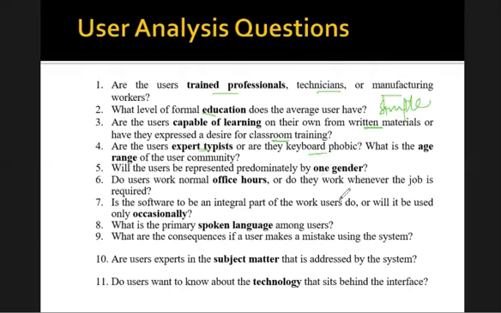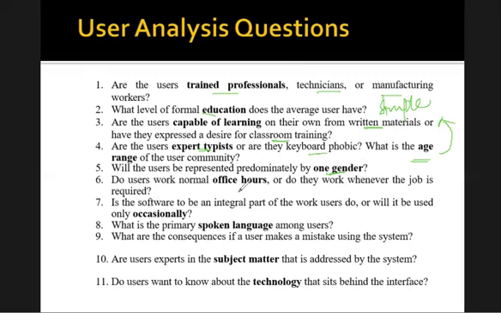That is, whether they can make use of shortcuts or they're just going to go directly and do every step. And what is the age range? Based upon this age range, you can identify how interested people are in learning. And then, will the user base be represented prominently by one gender? That is, whether you're going to separate the genders within the application, how they work.